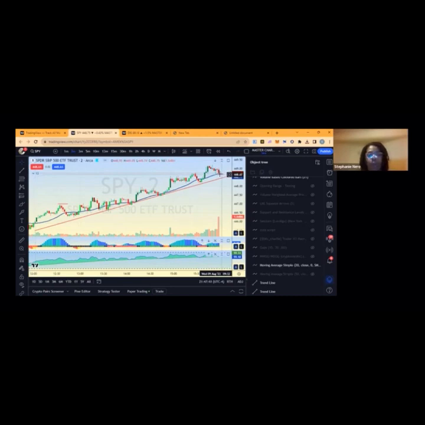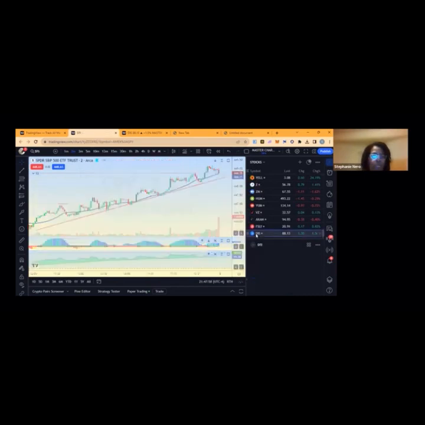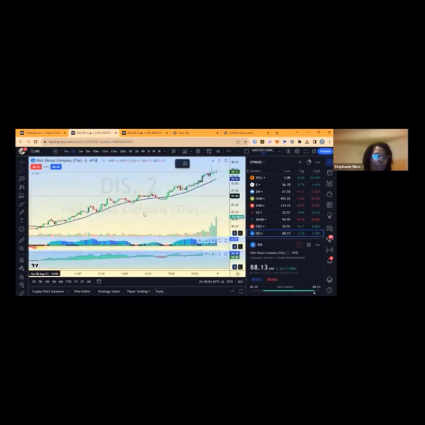I'll bring in one more example for us, which would be Disney. I'll bring that one up, and I'll step through that one a little bit and demonstrate it. There's another way to take a look at that 20-day moving average. And still, again, we're looking at a really nice trend line on Disney there.